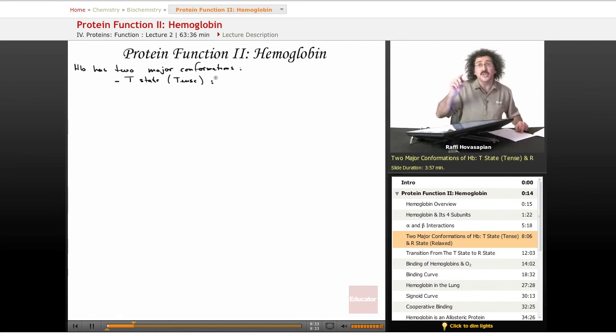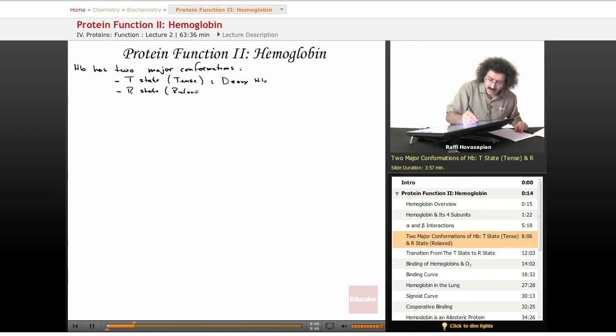This is where no oxygen has bound to it, so this is deoxyhemoglobin. And then there's something called an R state. In this case, R stands for relaxed. And this is the oxyhemoglobin.